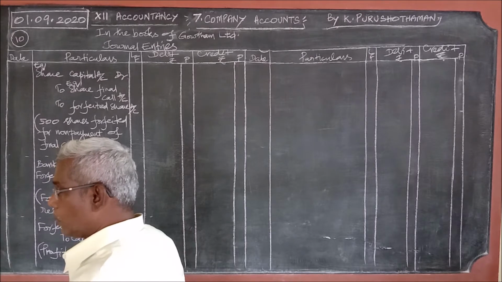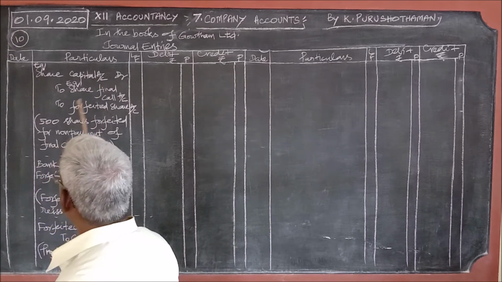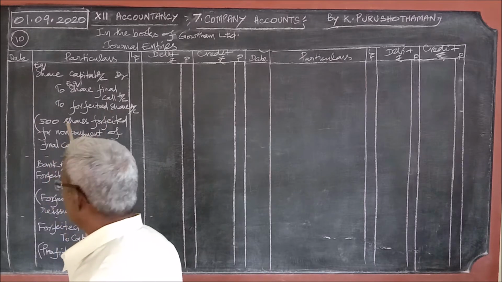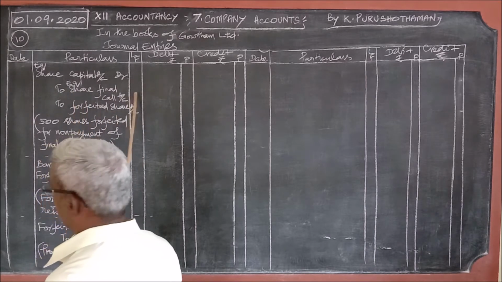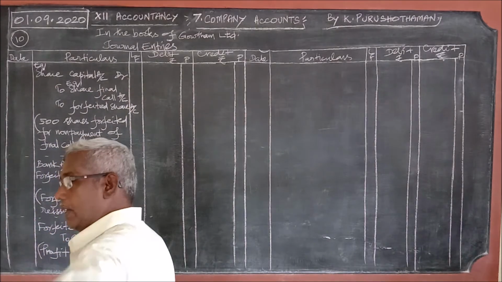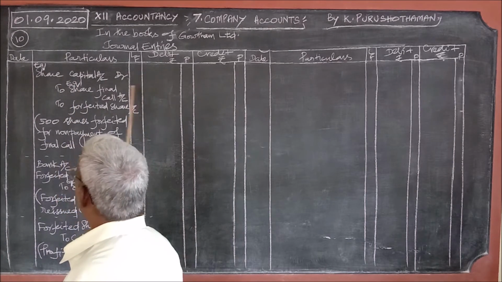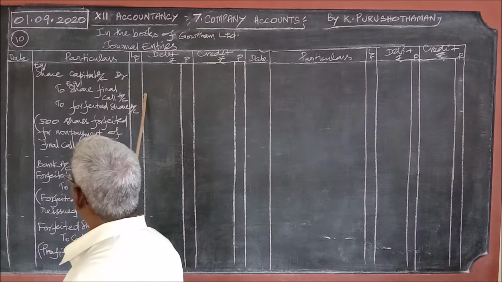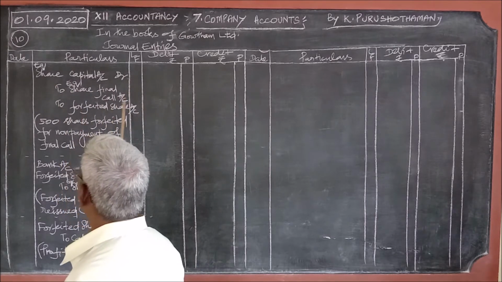If it is only the call, we can write the call. If it is first and final call, I told you, equity share first call account, equity share final call account; we should write 2 entries. If it is allotment, then to equity share allotment account, to equity share first call account, to equity share final call account.